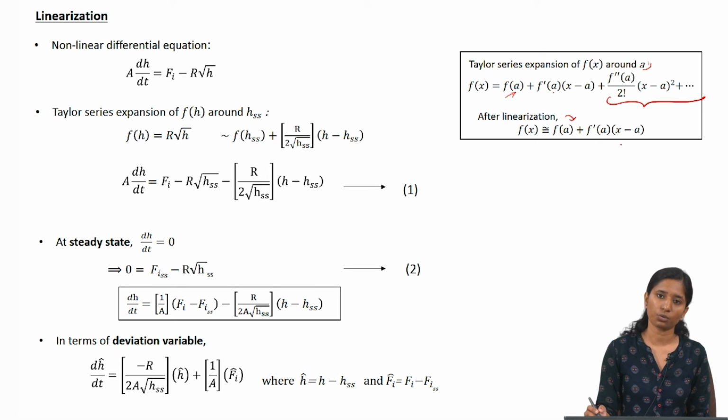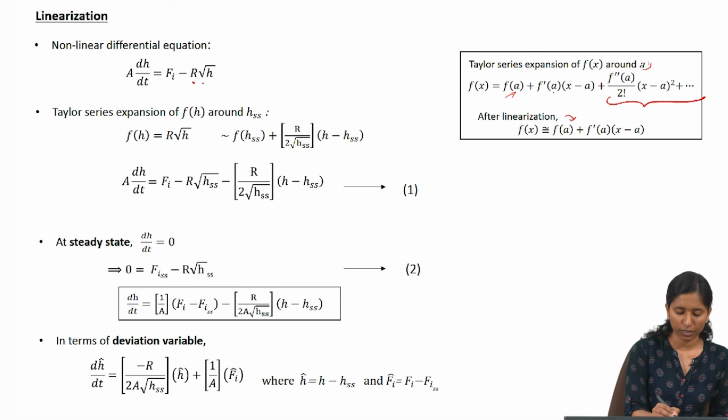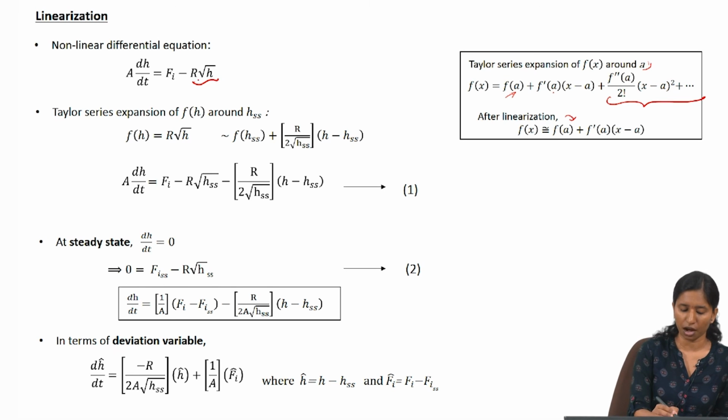So, let us see how we can perform linearization for our particular example of the liquid level system. We know that the liquid level system is governed by this nonlinear differential equation, A dh/dt = Fi - R√h. Now, the nonlinear term here is R√h; R is a constant, so √h is the nonlinear term.